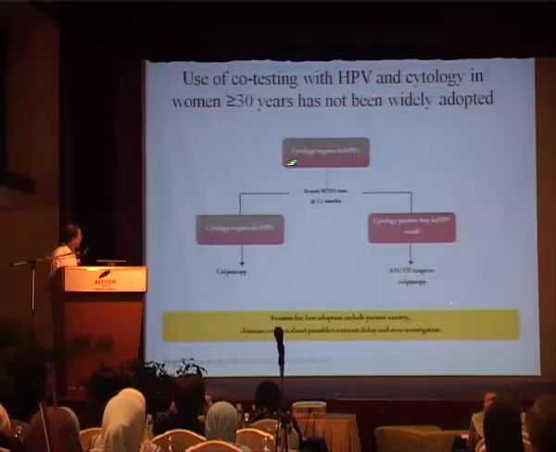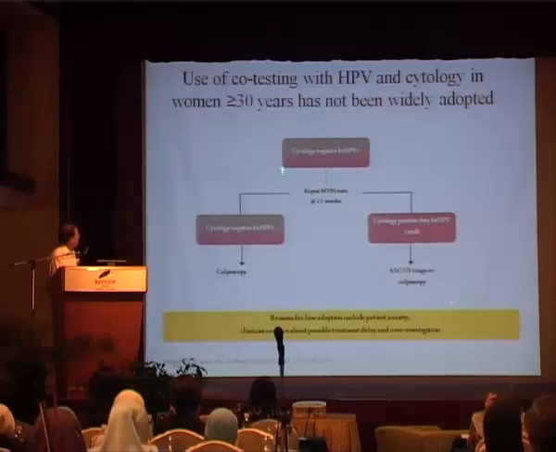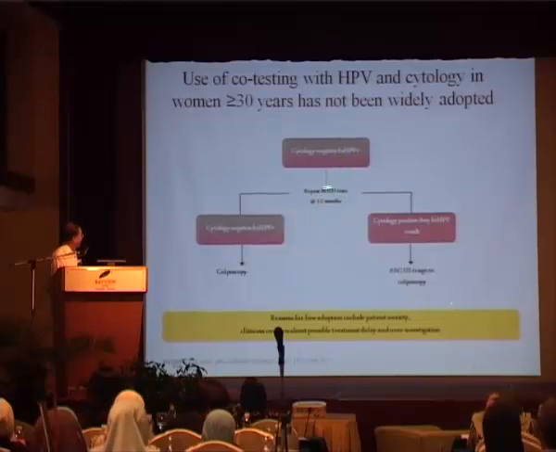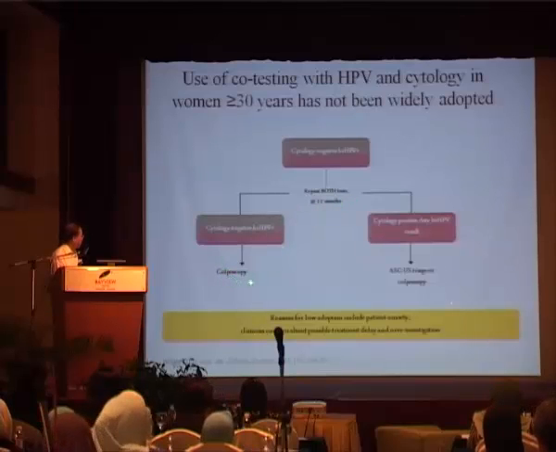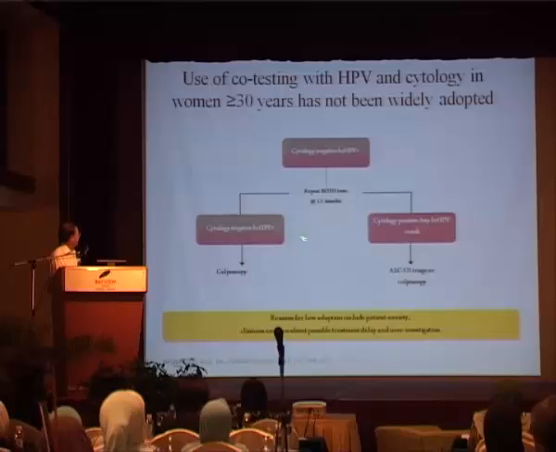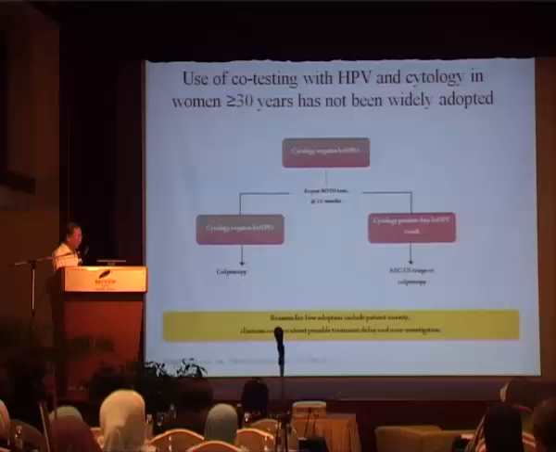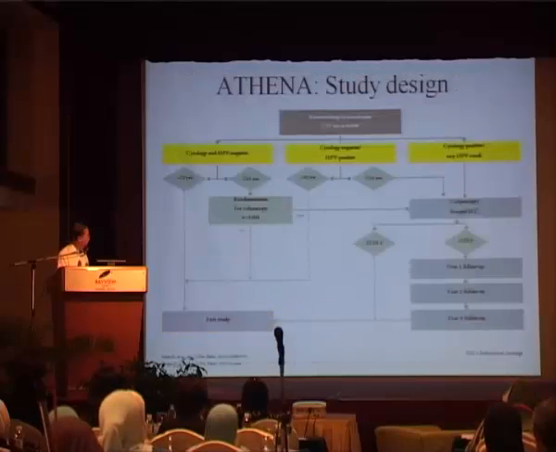Currently, the suggested algorithm of management is that one should offer the women another repeat test of both cytology and the HPV DNA test within 12 months, and based on this, decide whether they should go for colposcopy or whether they can accept intensive follow-up. Now, this kind of algorithm has not been very well accepted because a lot of people are not sure what the presence of this high-risk HPV is going to mean.